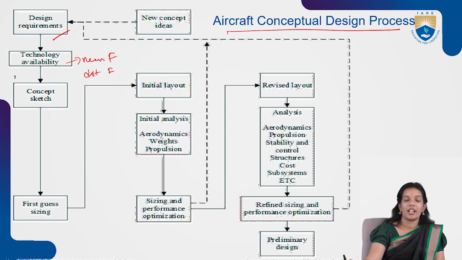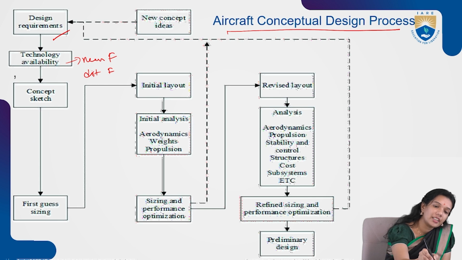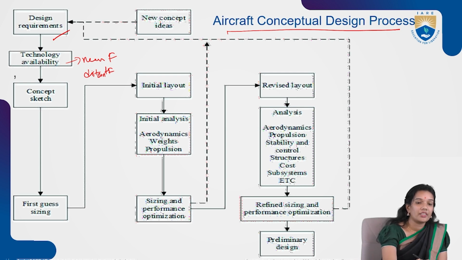I go with that only. But if we are talking about the distant future, then the designer is going to look into the emerging technologies, keeping in mind what could be the future technologies, and then implement such things. So that is my technological availability.